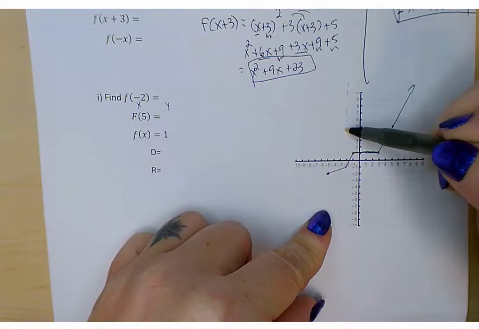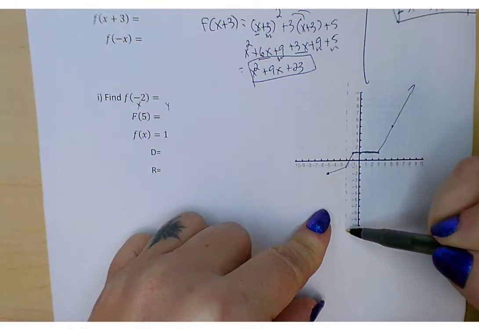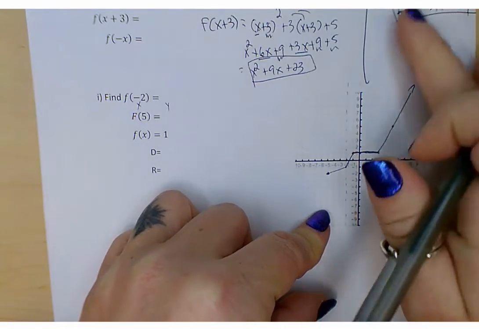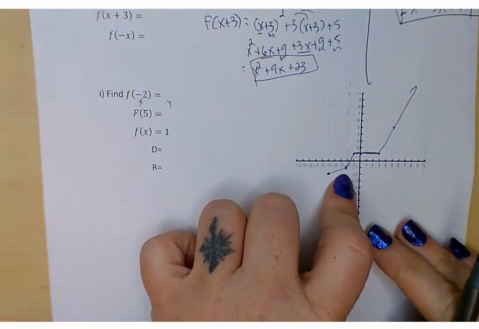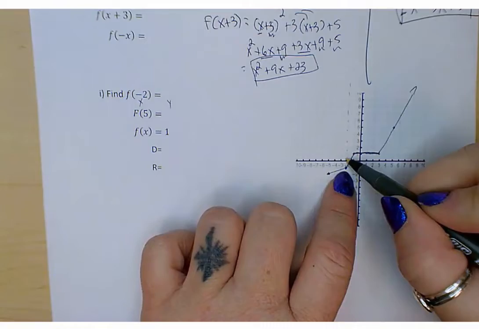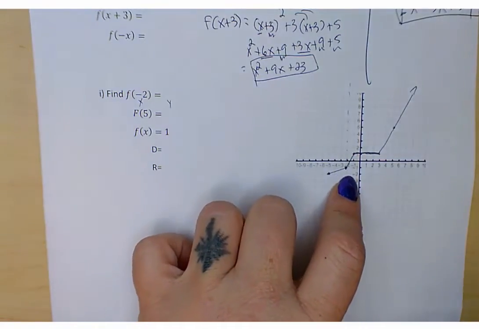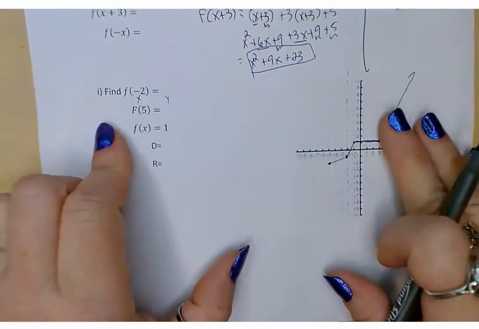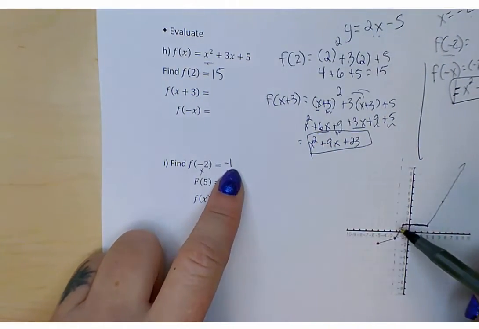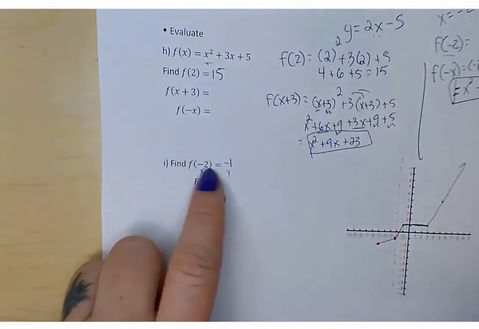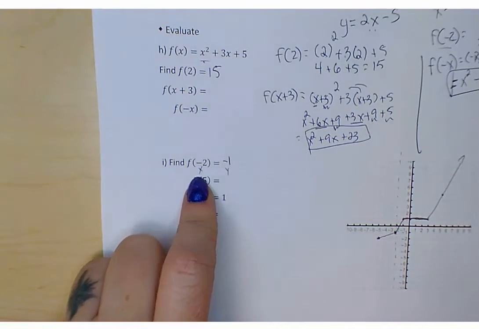Think of it as an imaginary line being there. Where does our graph intersect that imaginary line? Well, right over here. And if we take a look at this point, it looks like negative 2, negative 1 is what that point is supposed to be. So at negative 2, our y value is a negative 1. So f of negative 2 is negative 1.